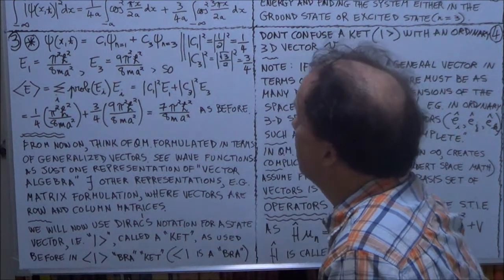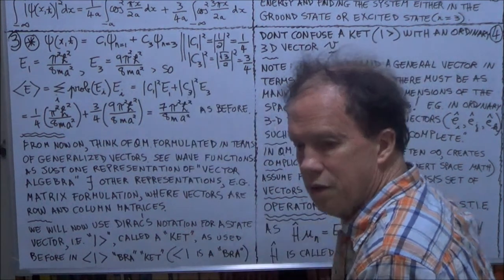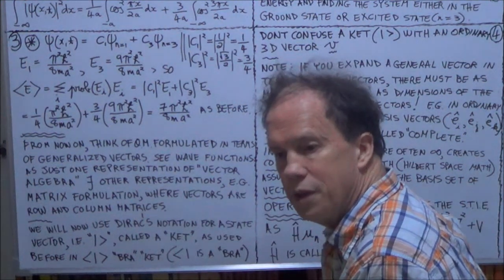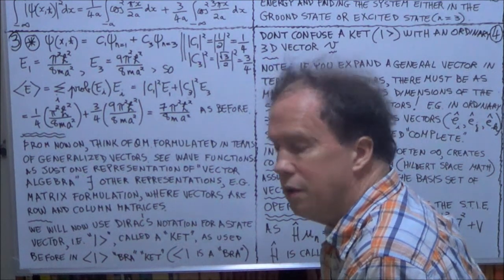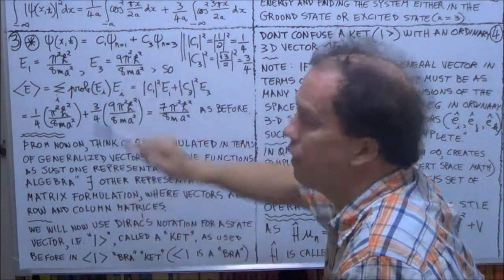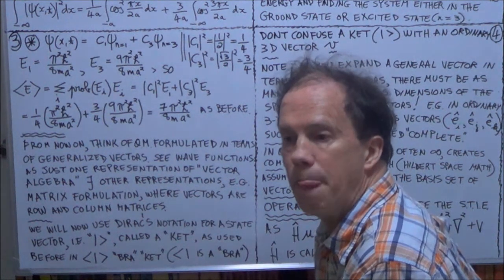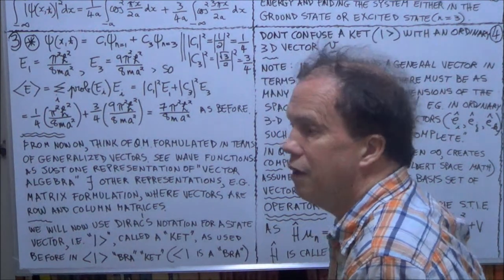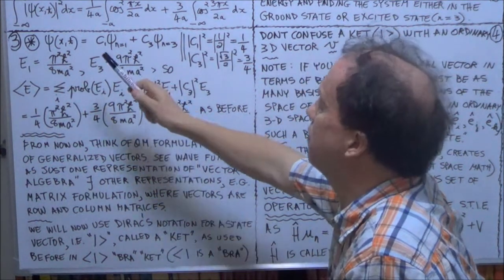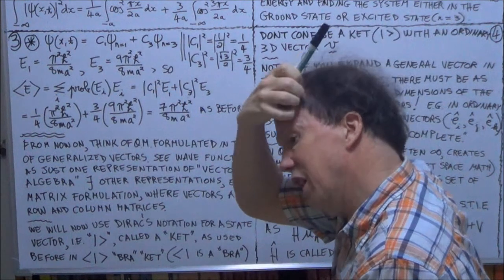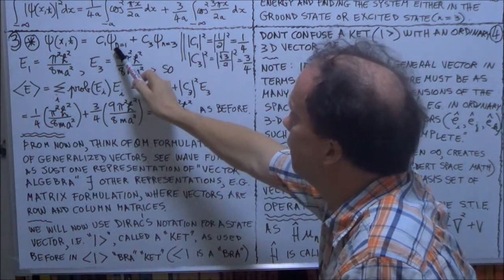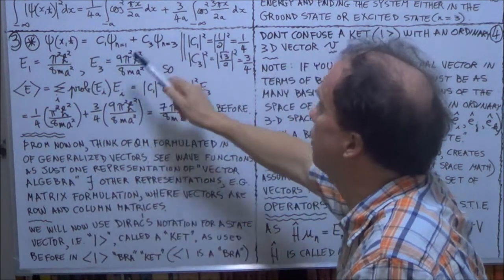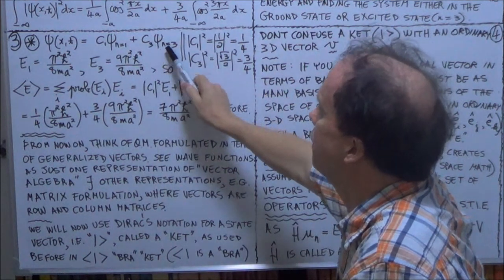Now, we're trying to reinforce the idea of interpreting these coefficients as probability amplitudes. In other words, you square them to get the probability. In this case, the probability of measuring the energy level at n is 1, the ground state, the lowest energy level, or at n is 3.